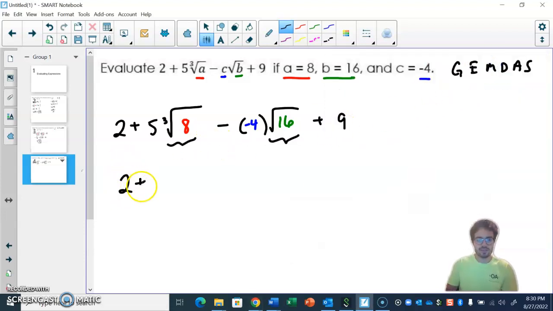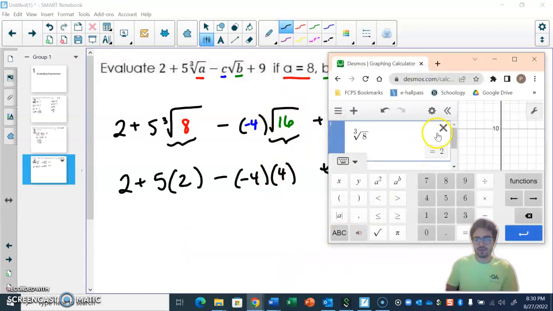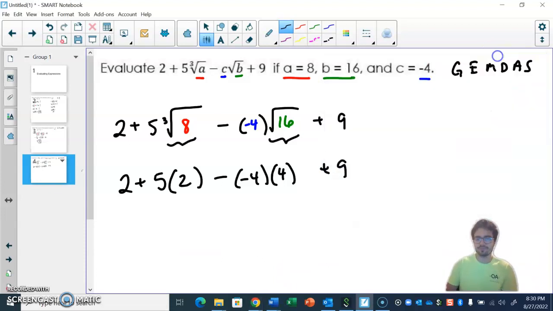So now I know that this is 2. And then I still have to figure out what the square root of 16 is. It's 4. If you don't know that, we can put it in our calculator. 4. Okay, so we did our grouping symbols.